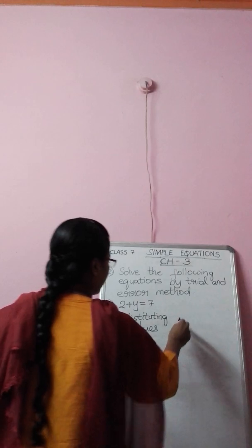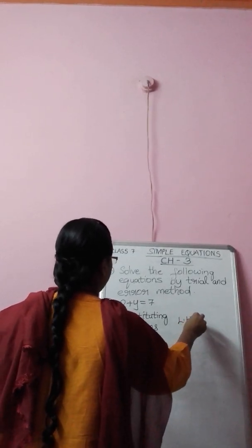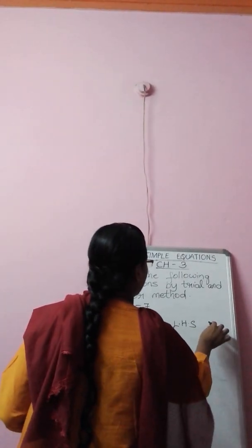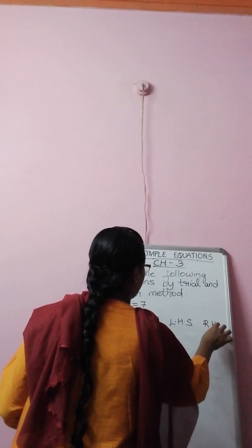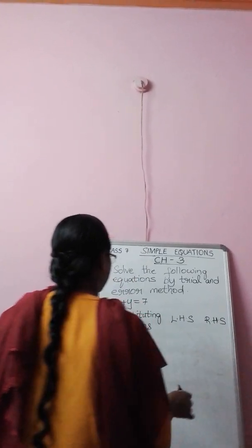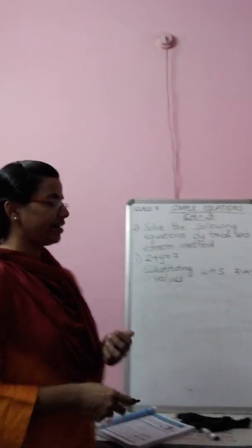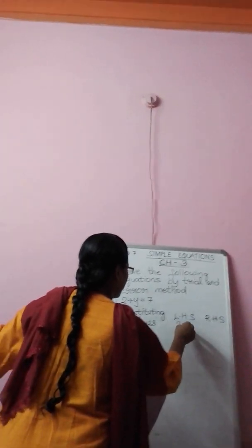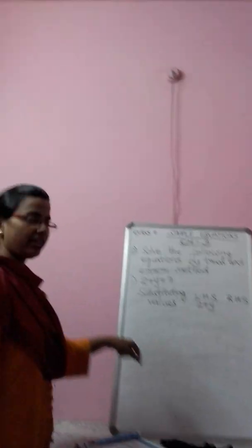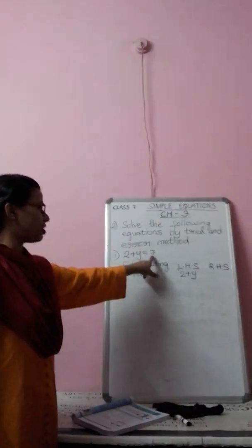Yes, tell. Correct. L.H.S. And what is the other one? R.H.S. What is there in L.H.S side? You already have done so many problems. 2 plus y is there in L.H.S. What is there in R.H.S side? It's a 7.